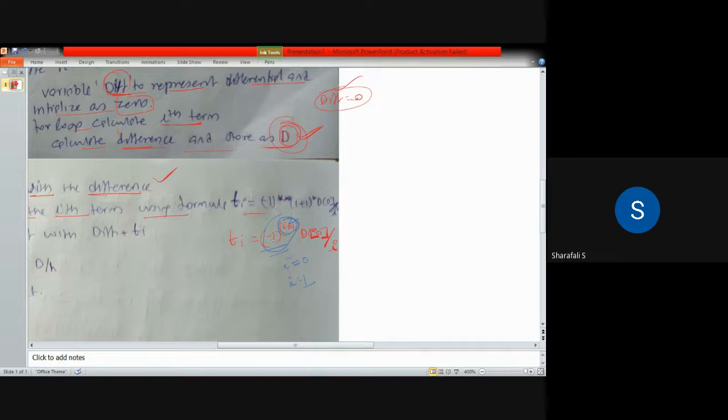Yeah, that is right, because we have to initialize with I equal to 1. We cannot consider I equal to 0. This will be clear when we discuss the program section. So I equal to 1, we have to start.